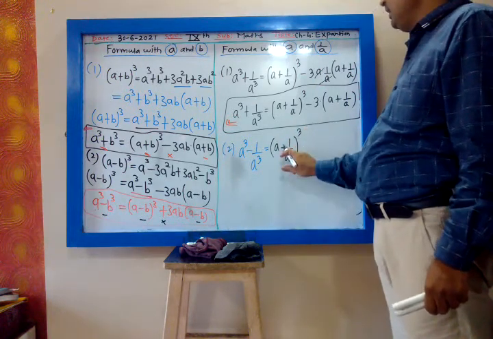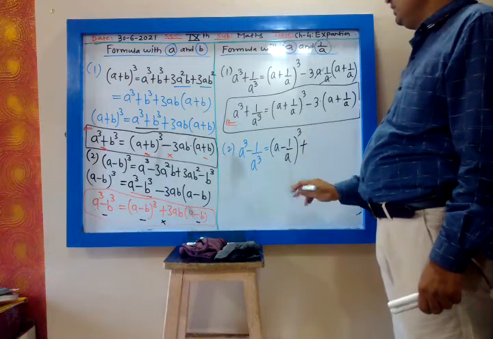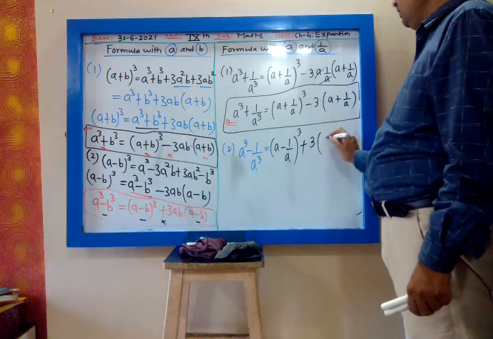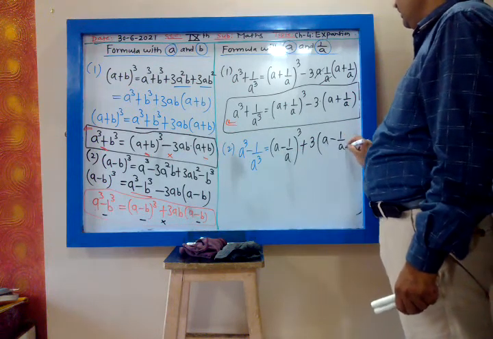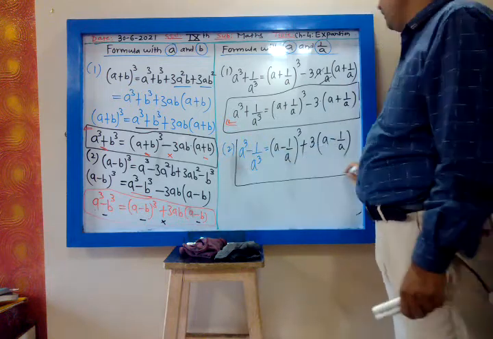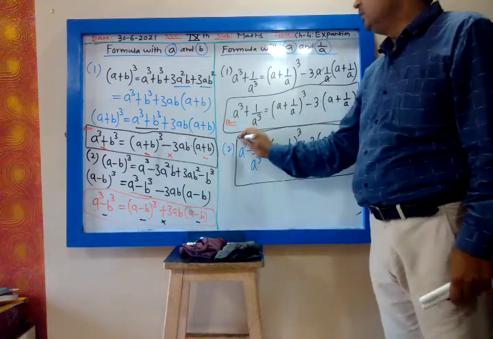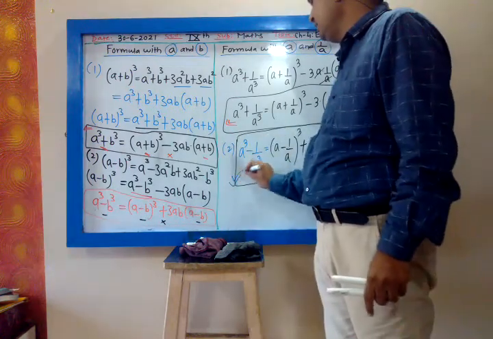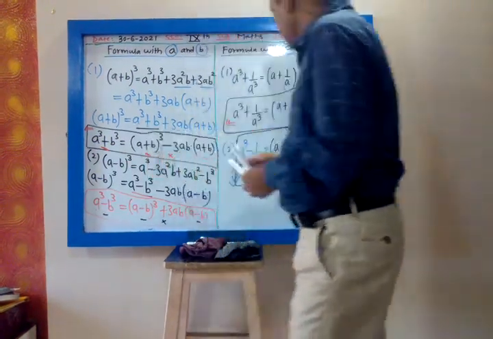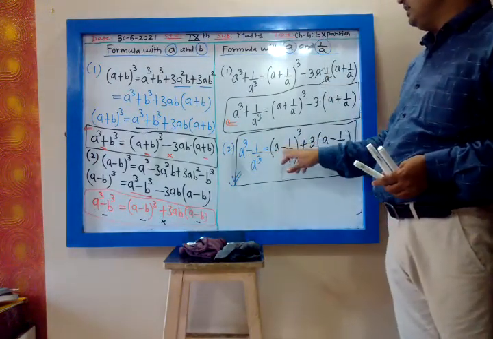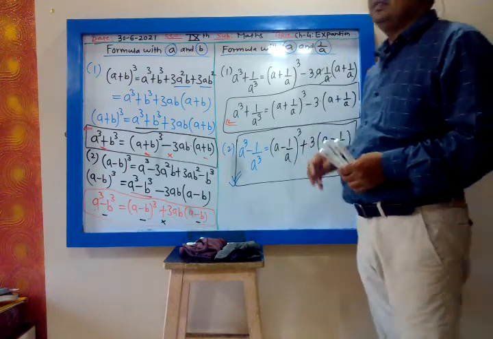Inside the bracket minus, outside plus. So plus 3 into (a − 1/a). That's all. So this is the formula for a³ − 1/a³. Derivation is not required, only be thorough with this formula so you do not get confused.